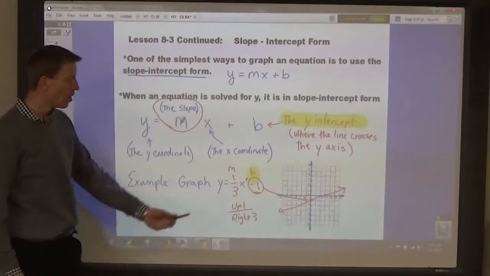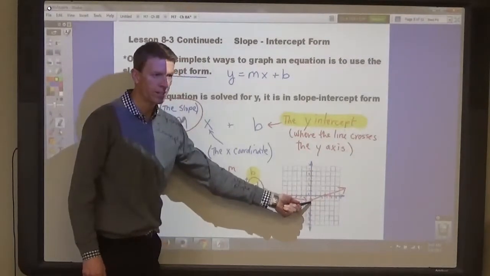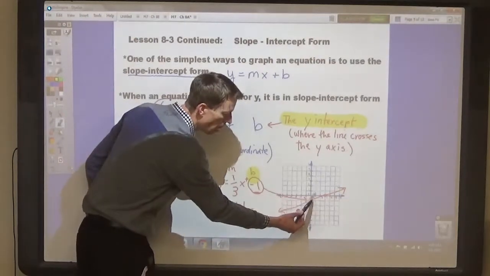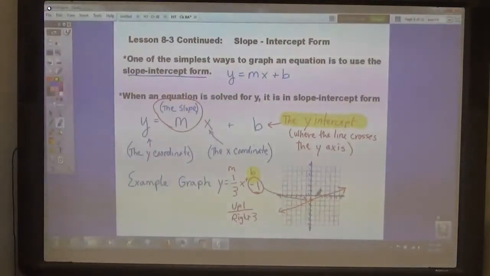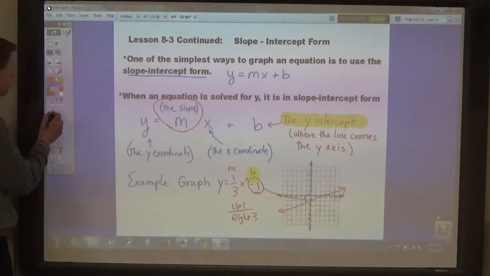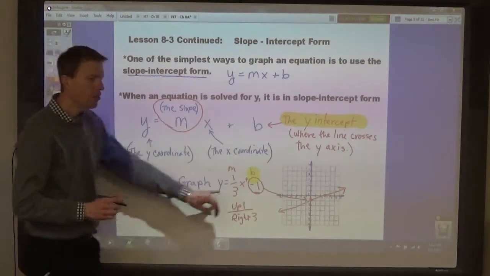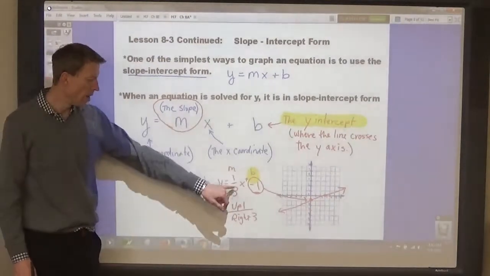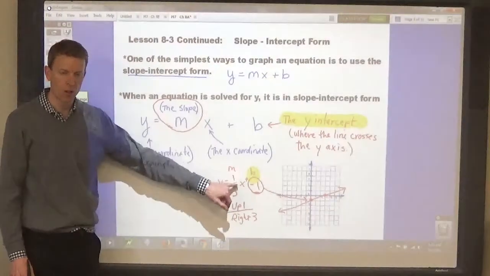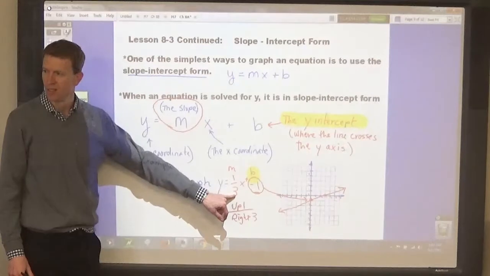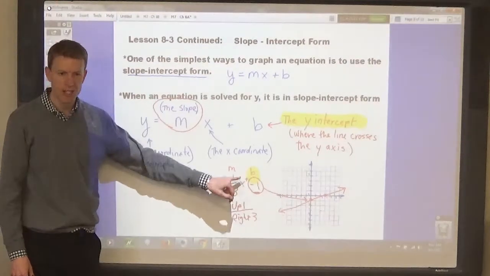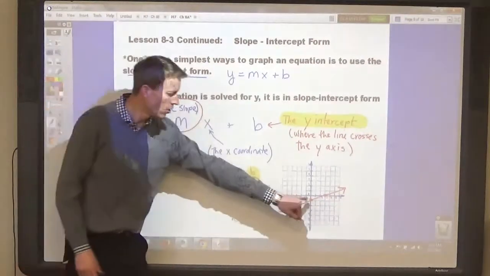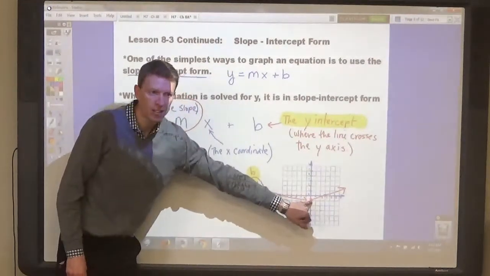Then, once you have marked this point, what you will do is mark the next point using the slope. Okay? How do you use the slope to find the next point? 1/3. How would you use this fraction to go from this point to the next point?